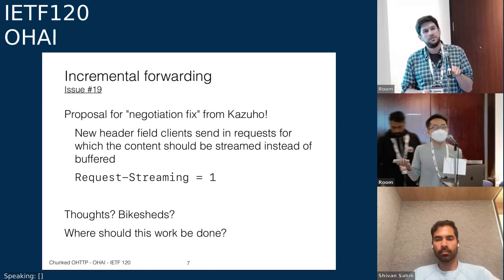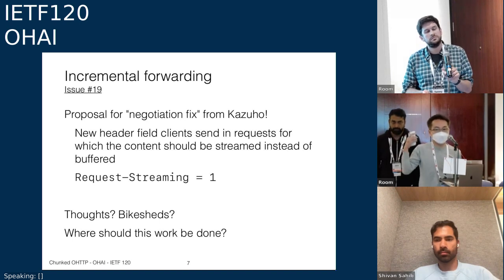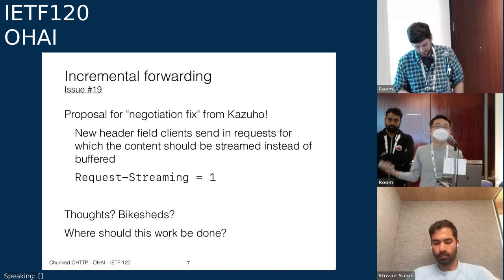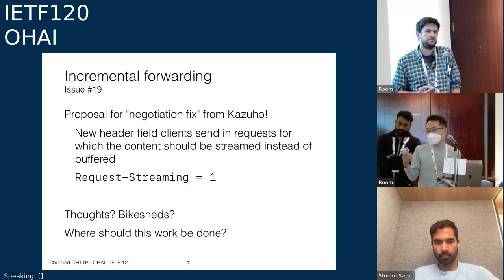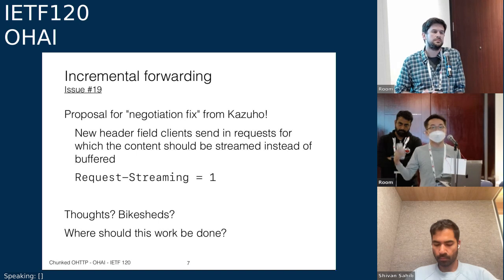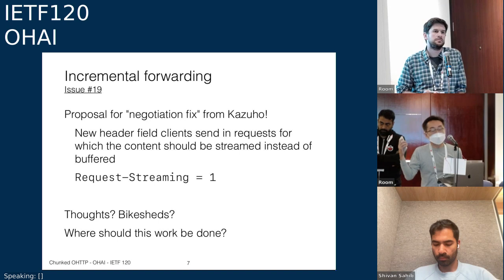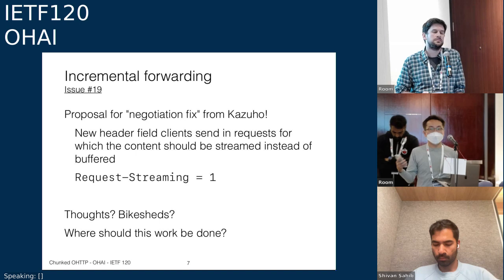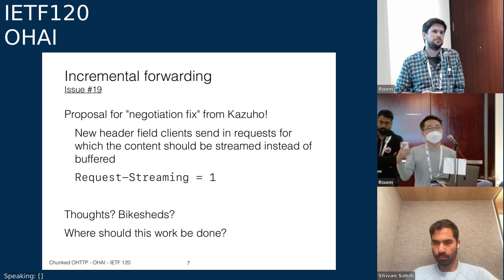Kazuho. So as Piotr said, this streaming is not specific to chunked OHTTP, but it also exists with other application protocols such as gRPC. And for what it's worth, the best practices document for HTTP says that application protocols have to be developed in a content type or method independent way, meaning that requiring specific tuning to the proxies is not a very good way of developing protocols.